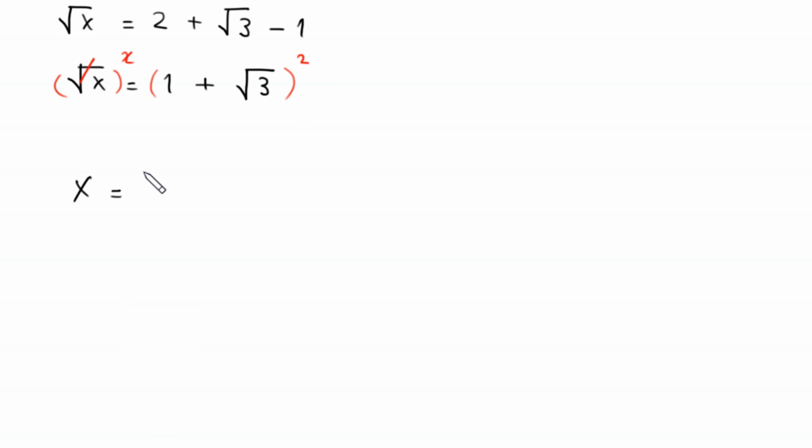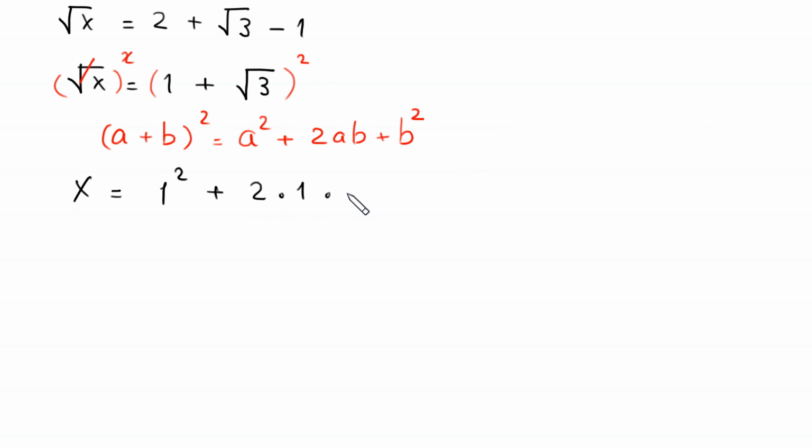by using the algebraic identity, a plus b whole squared is equal to a squared plus 2ab plus b squared. This 1 plus root 3 whole squared will become 1 squared plus 2 times 1 times root 3 plus root 3 whole squared, and this square will cancel out with this square root.